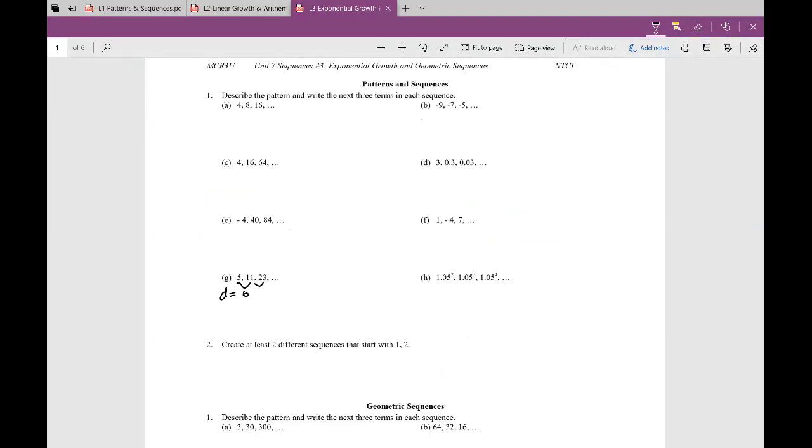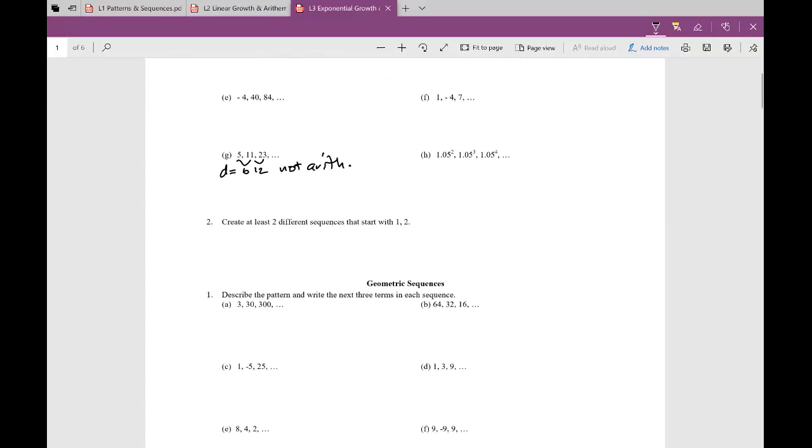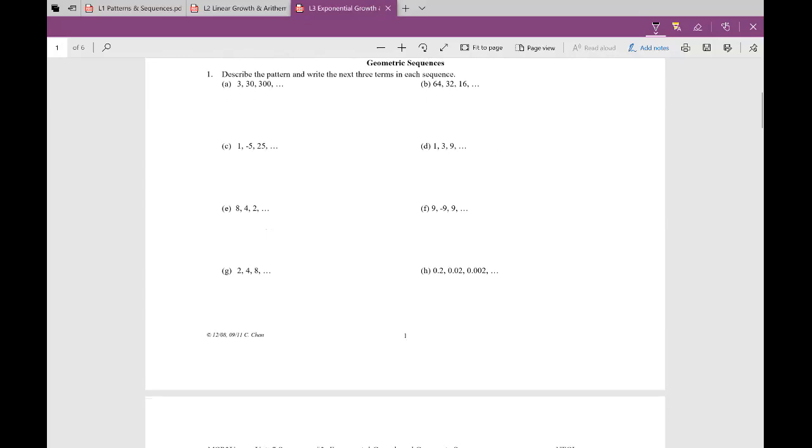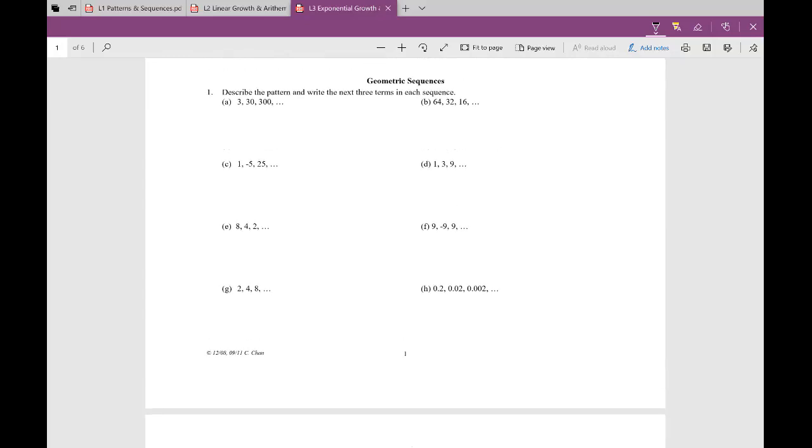And then 23 minus 11, it's 12. So this is clearly non-linear, so not arithmetic. So that's what you're supposed to discover with question 1 and describe the pattern in words. But today's lesson is obviously looking at geometric sequences. And again, you're obviously noticing something that's going to be multiplied.